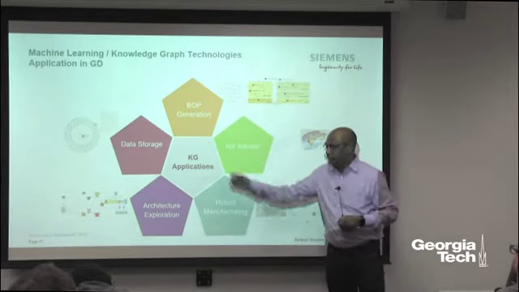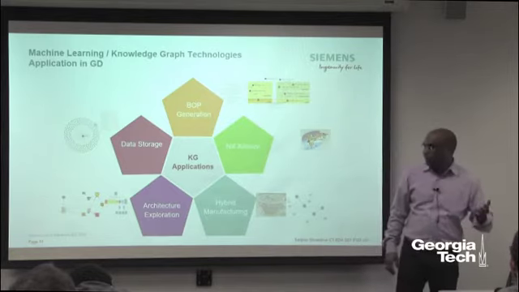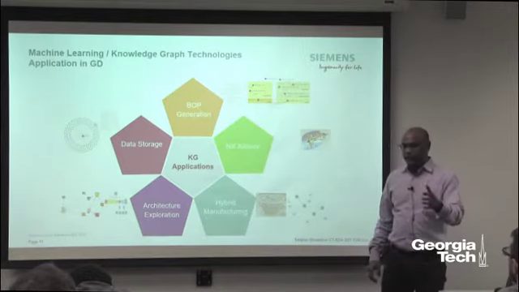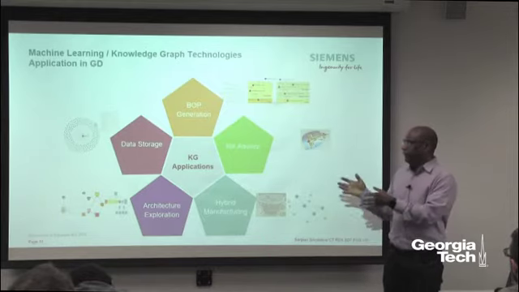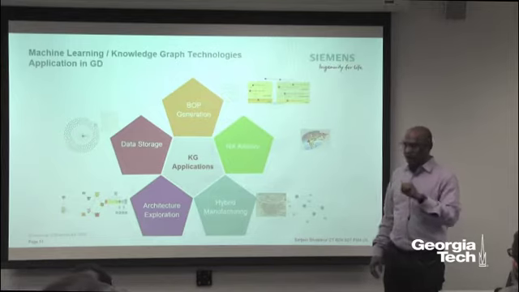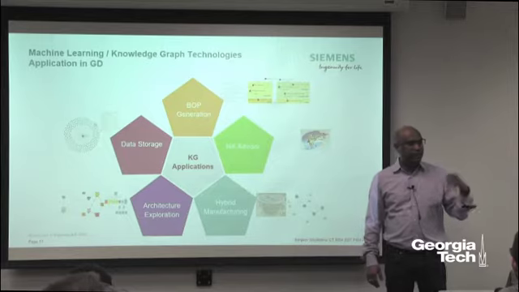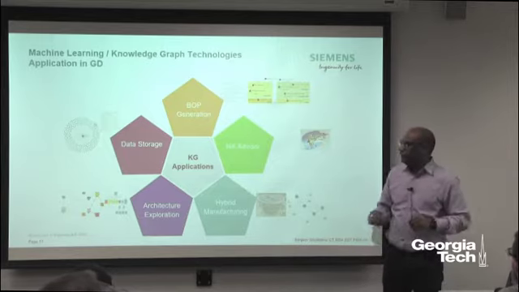And last but not the least is data storage. We're running so many use cases, we have so much data, and for each use case we have different kinds of problems and scenarios. What we found is that we can store all the data about the solution and the problem in a knowledge graph such that we can learn about the problem and solution across different use cases.